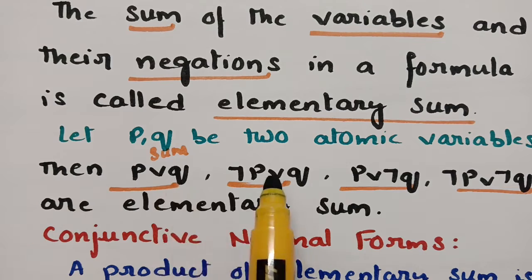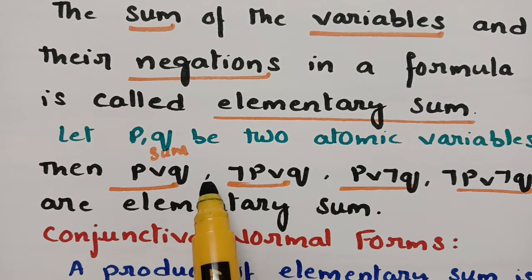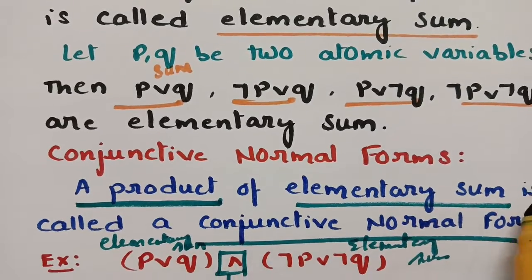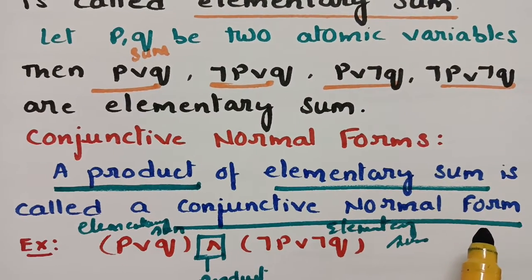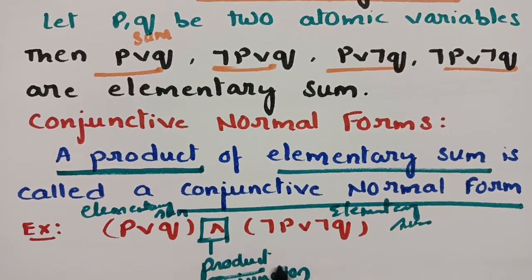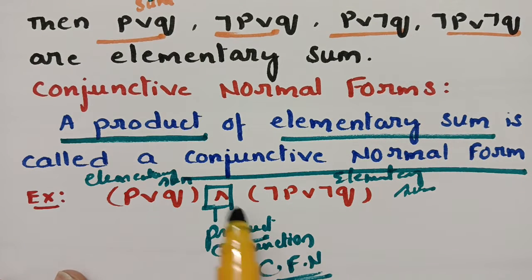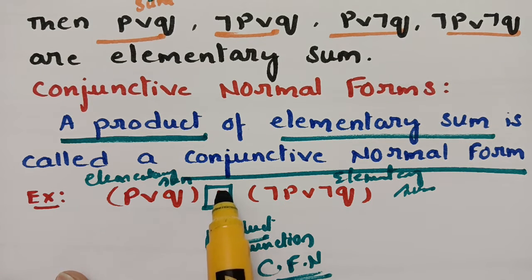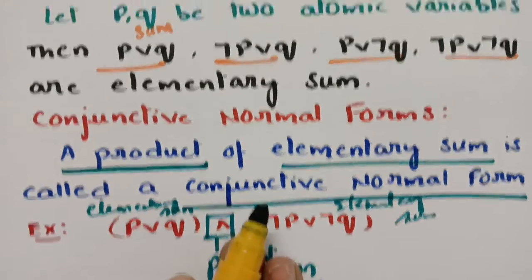If in between these two sums there is a product symbol, the product of elementary sums is called the conjunctive normal form. In the example, the conjunction is in between, therefore it is called CNF.